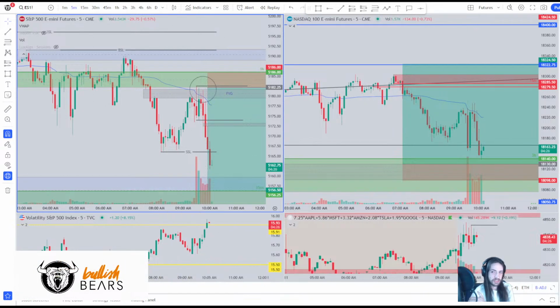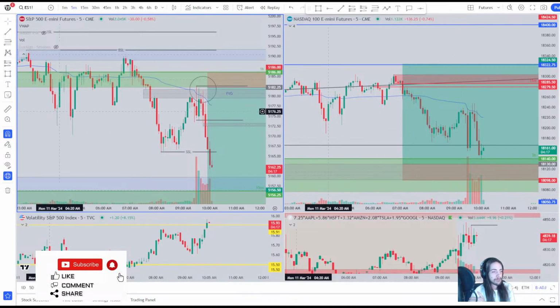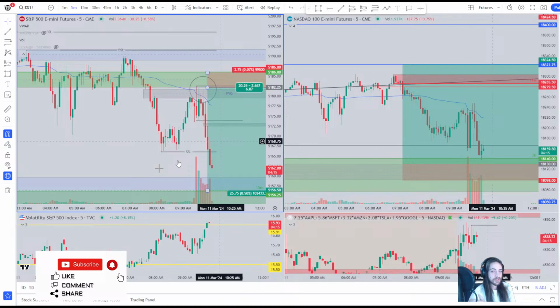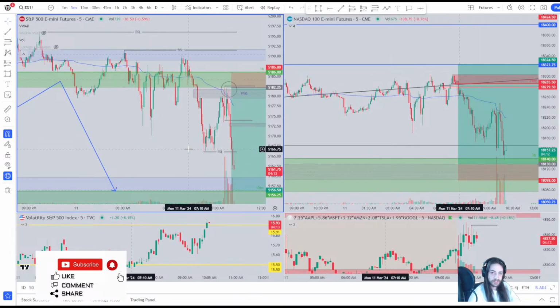VIX keeps pushing higher. It's usually weaker in the market. Look at that wick off of demand, though, on the Nasdaq. Yep, there goes ES. Wants to continue. Wants to go to this target down here.